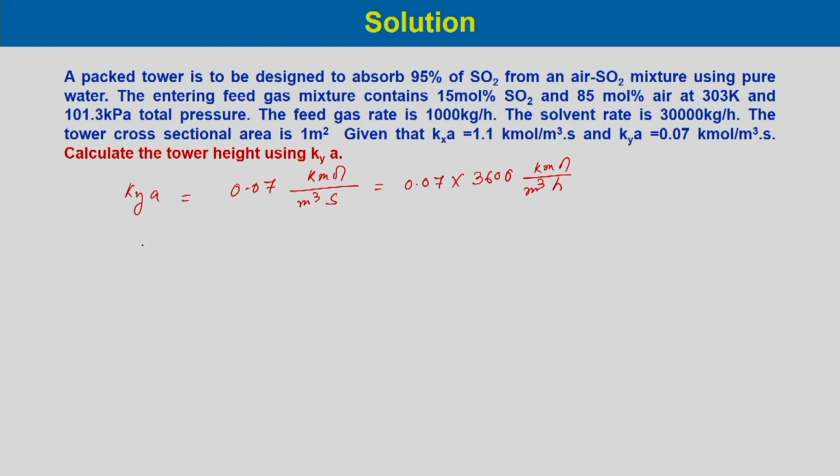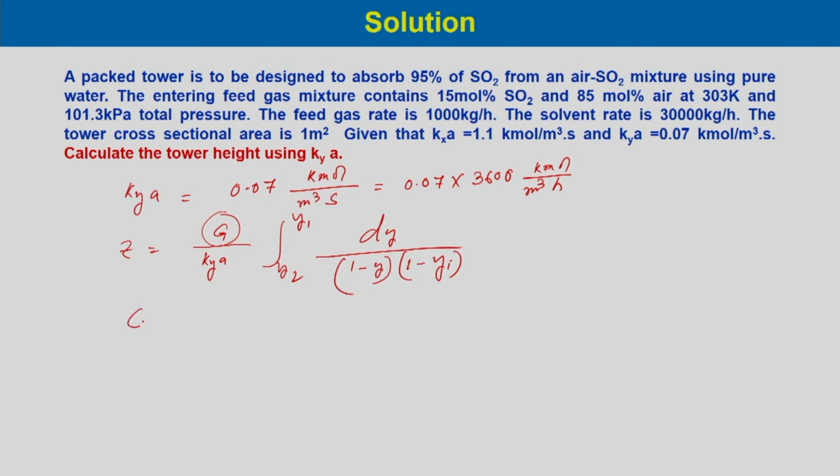In this equation, Z is equal to G by Ky a, integral y2 to y1, dy divided by (1 minus y) into (1 minus yi).